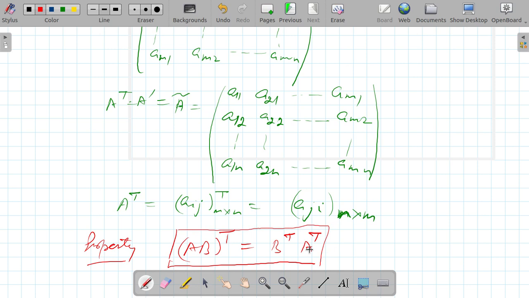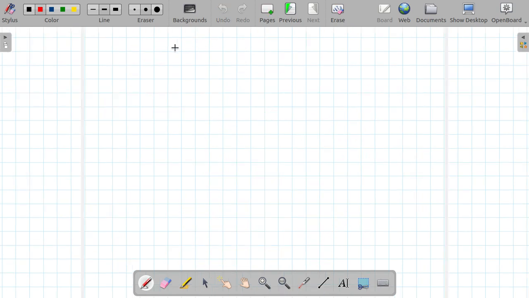Then let us talk about the Hermitian conjugate matrix.